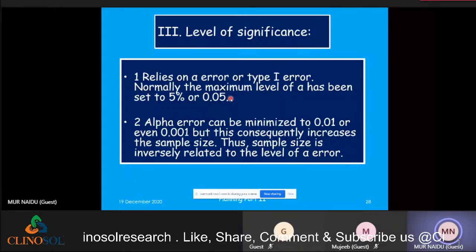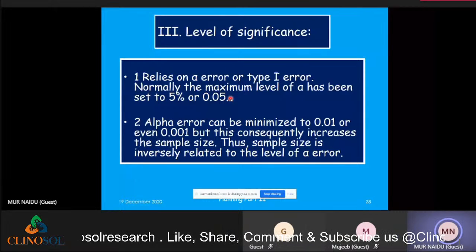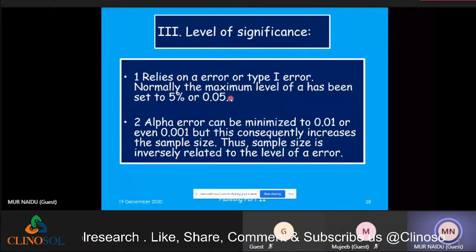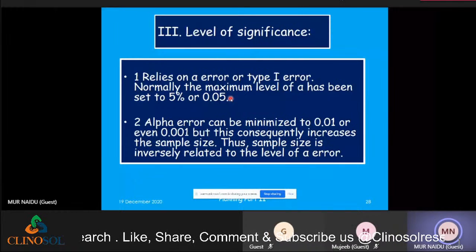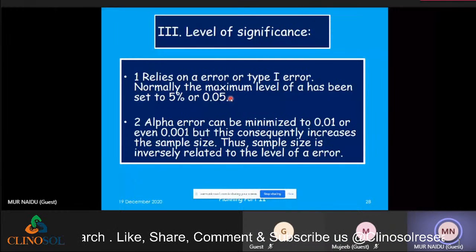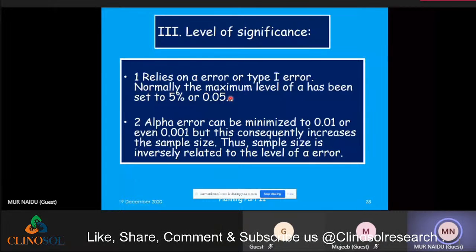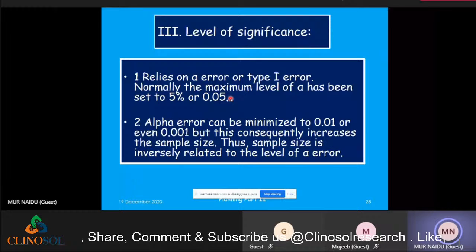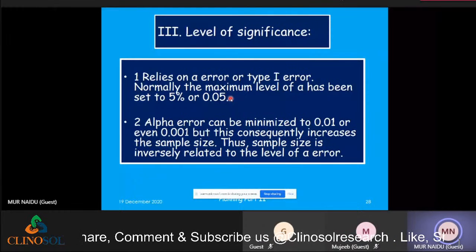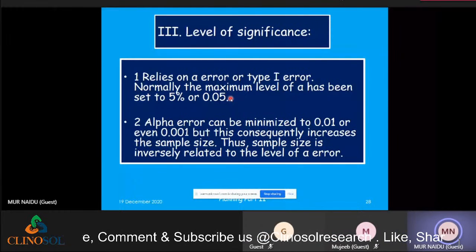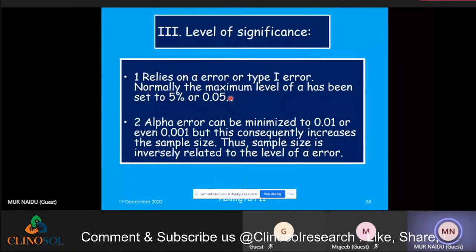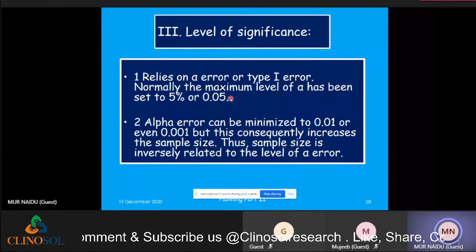We are going for power. Power, we always mention with beta error, also called type 2 error. Here you put what power of your study you want to keep. Always power is denoted as 1 minus beta. Suppose your beta is 20%.